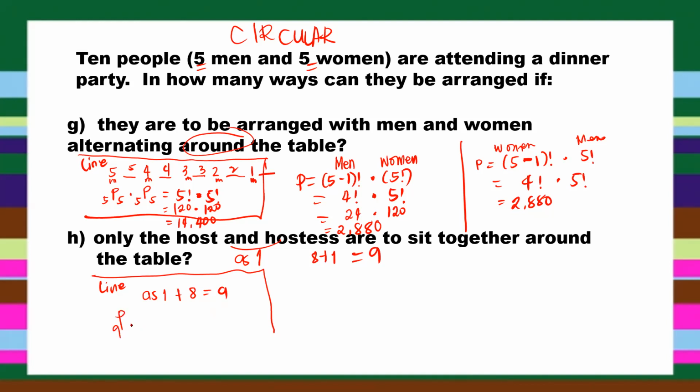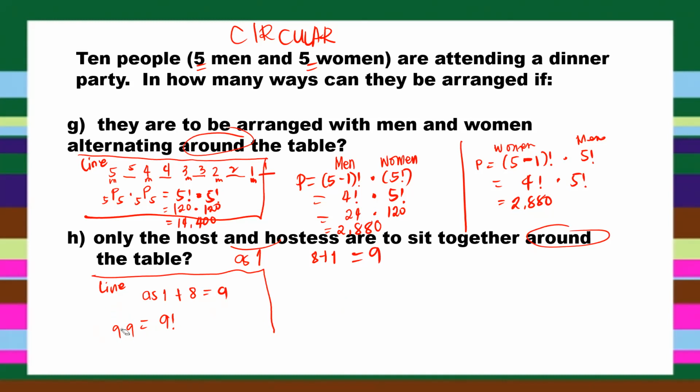Pero dito, ang magiging answer natin ay permutation of 9 taken 9 at a time, or 9 factorial. And it will give you the answer. Ano ba yung 9 factorial? While here, in the table, may times 2 pa pala to.